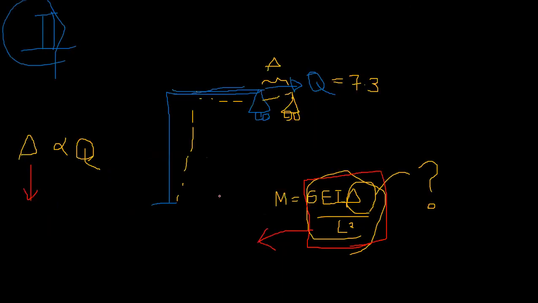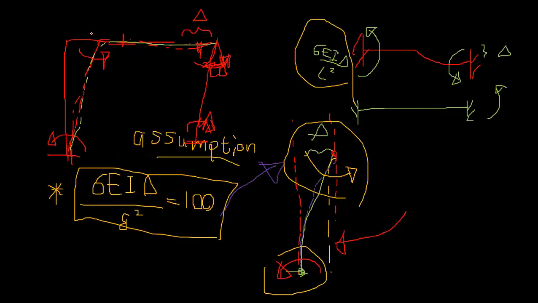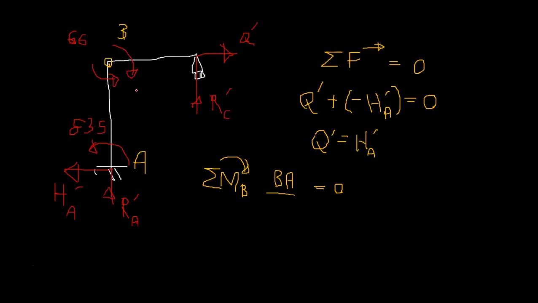This is clockwise and this is anti-clockwise. That's correct. Here it's anti-clockwise. It's clockwise, right? So anti-clockwise, so minus 66, right? Minus 66. And this is minus 83.5.